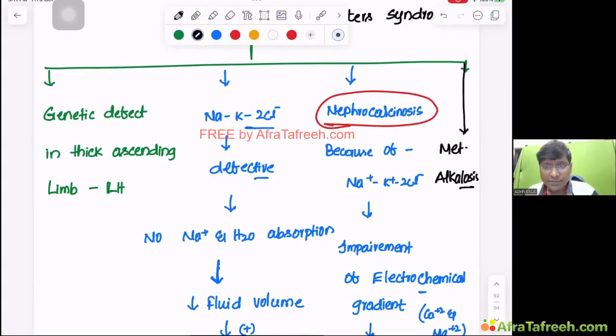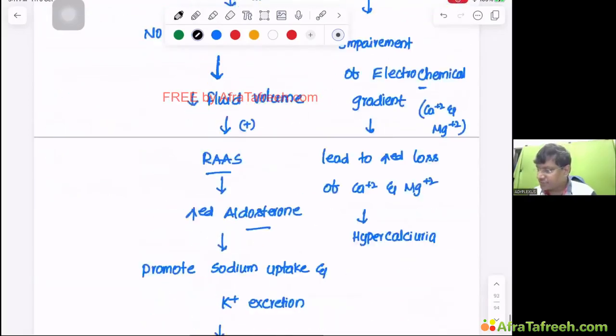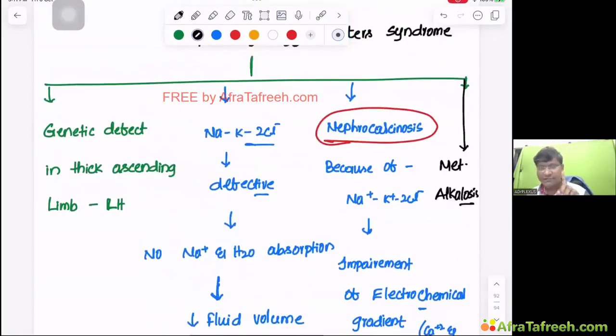Okay. Now, what are the other features? What will be the clinical presentation of the patient? These are all the features until now. Genetic defect in the thick ascending limb of loop of Henle. Because of that, there is activation of RAS. Calcium is out, metabolic alkalosis.